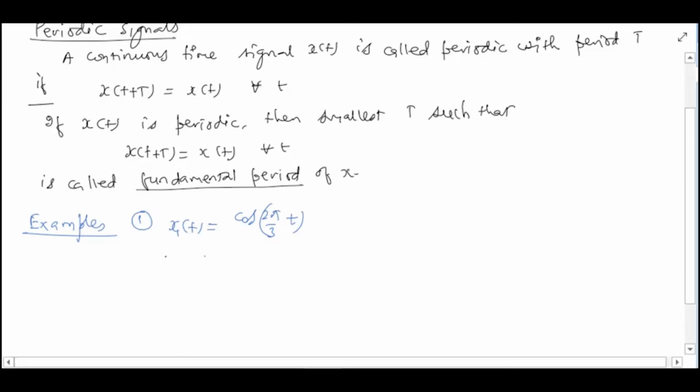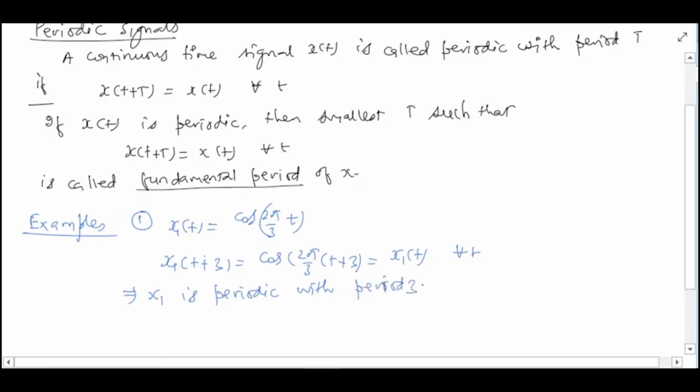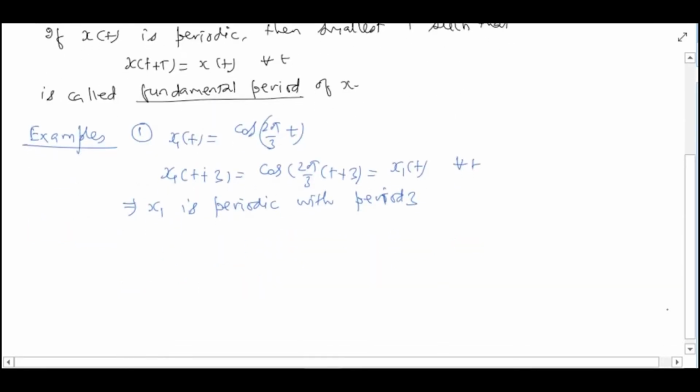If I compute x1(t + 3), it becomes cos(2π/3 (t + 3)), which is x1(t). So x1 is periodic with period 3. Actually 3 is the fundamental period of x1 in this case.